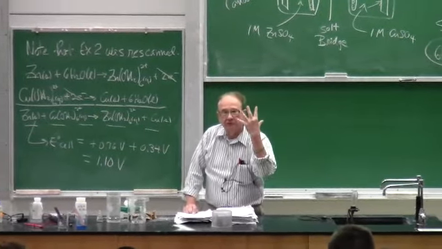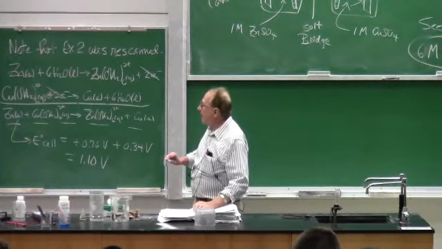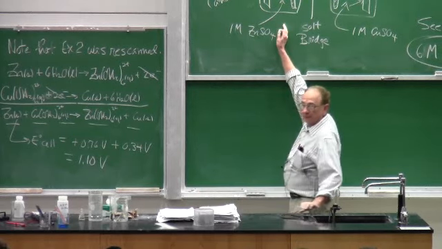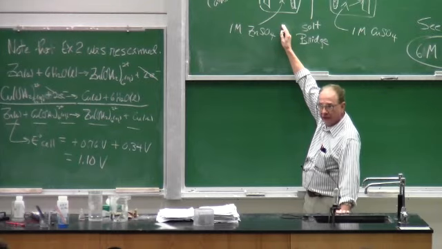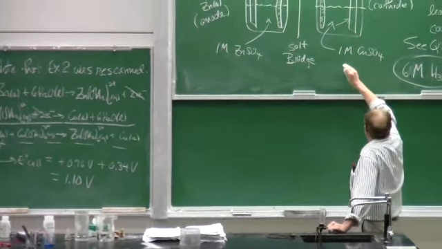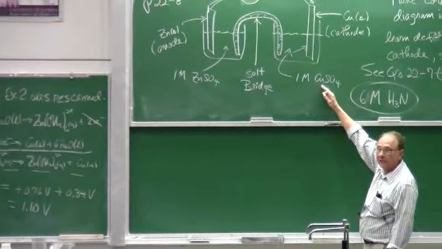Now let's look at what we could do. We could add the ammonia to the zinc ion half cell only. We could add the ammonia to the copper ion half cell only.